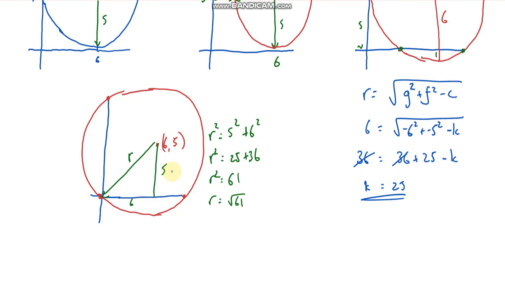And then you're back to this point here, where you're saying the radius of root 61 is equal to the square root of negative 6 squared plus negative 5 squared, take away k. So root 61 is the square root of 36 plus 25, take away k.